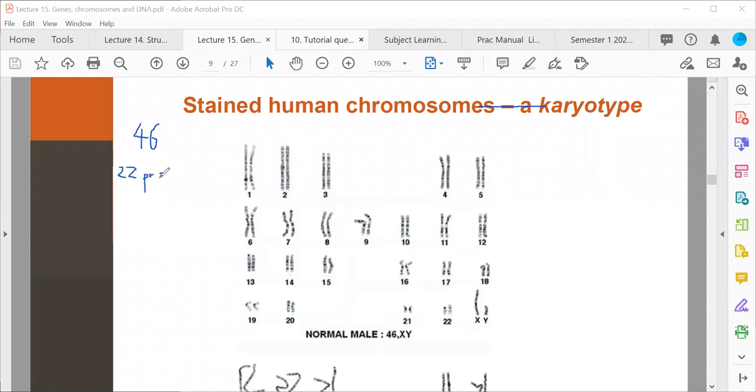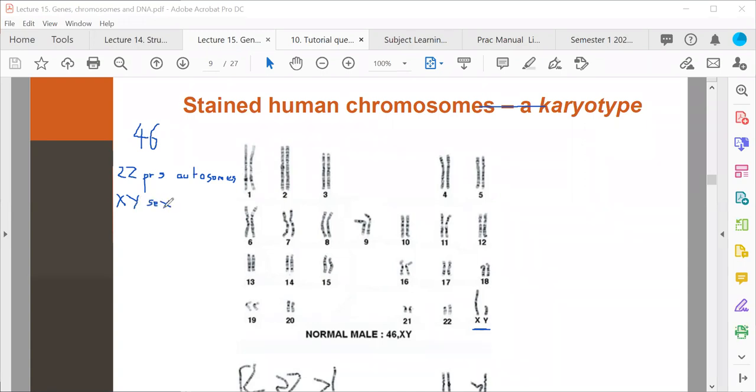All right, so the 22 pairs of chromosomes that you can see here are called autosomes. And these two extras here are called sex chromosomes. So the X and the Y are called sex chromosomes.